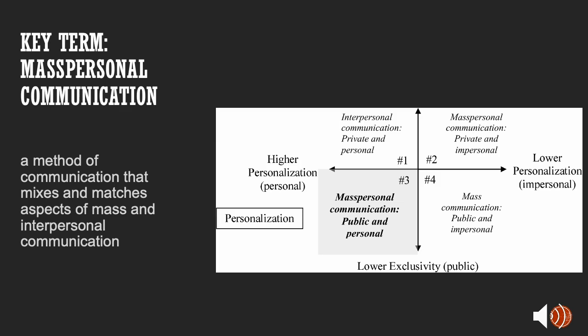What we have now is mass personal communication. Mass personal communication is a method of communication that mixes and matches aspects of both mass and interpersonal communication. Talking to your friend next to you, right? Or making a phone call, right? That is interpersonal communication. It's two people talking to each other or maybe a small group of people. But if you have broadcast, that's one person speaking to many people. And what mass personal communication does is it combines those two.